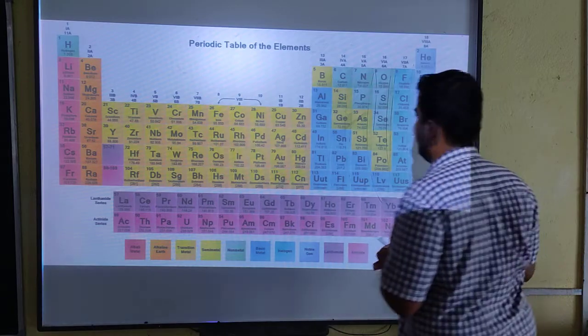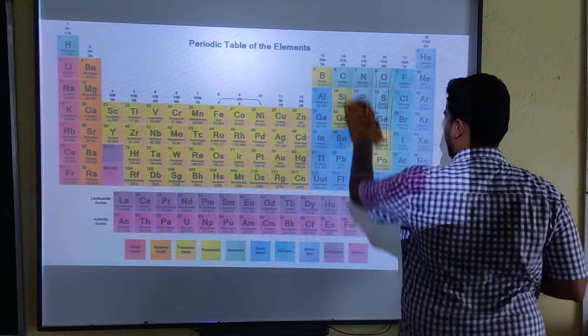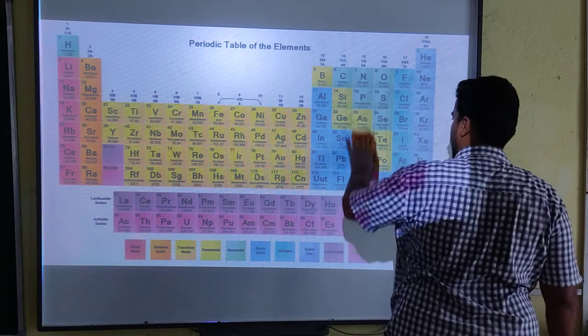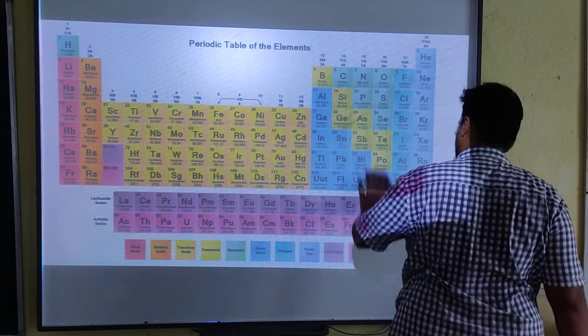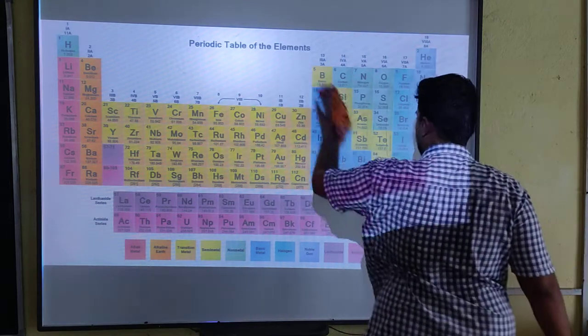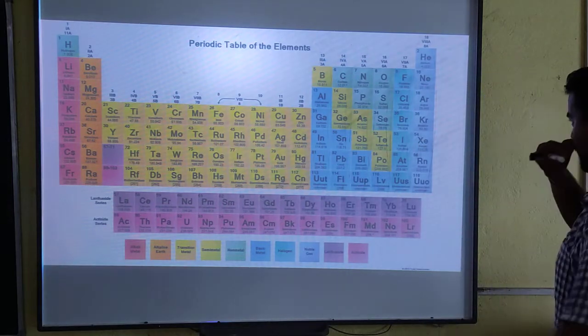the p block elements consist of not only metals but also non-metals and metalloids. Some of the elements are solid in nature, some are gaseous, and some are semi-solid in nature.